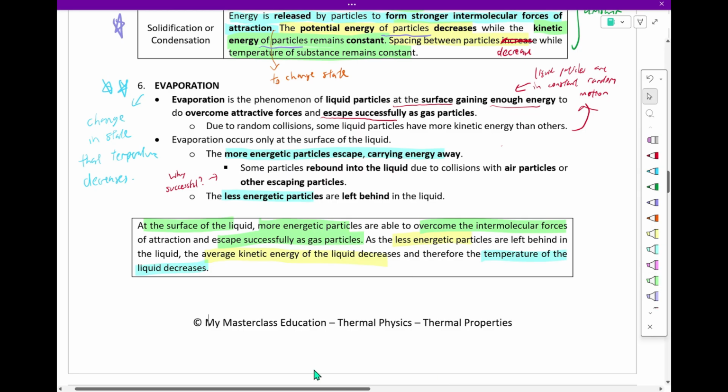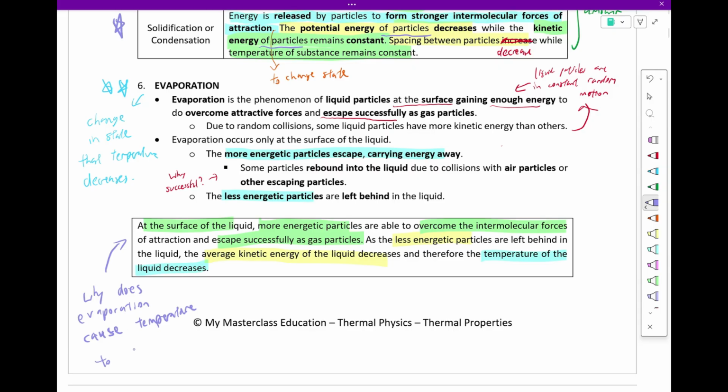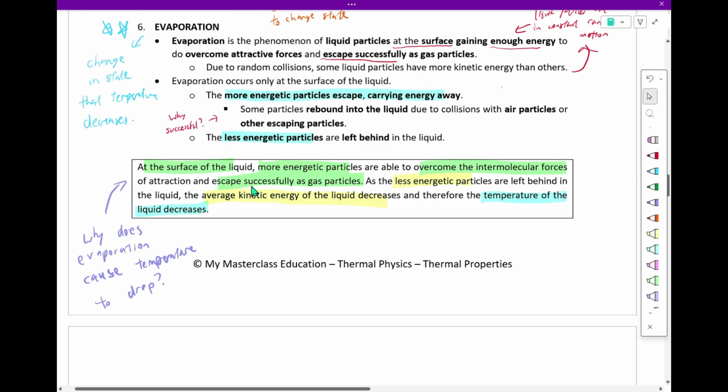So this here is why evaporation causes temperature to decrease.